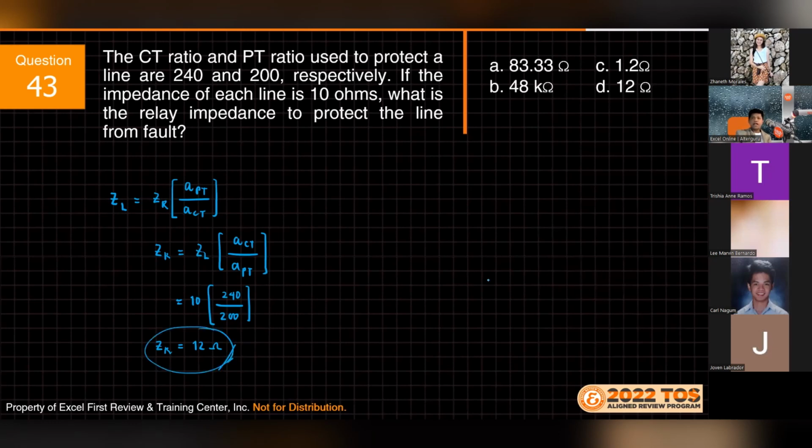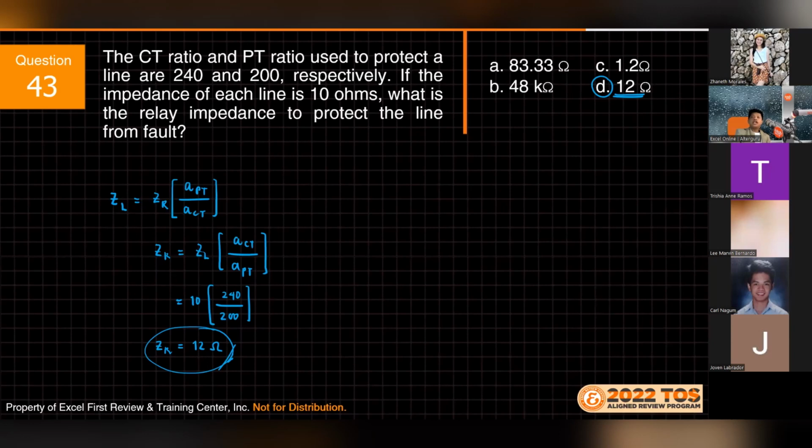So let's remember that the relay impedance is the line impedance times the ratio of the current transformer to the potential transformer. This is 12 ohms. We are going to multiply the line impedance by that ratio.